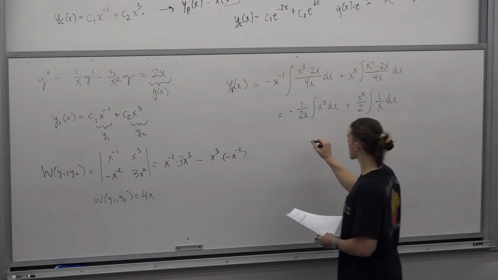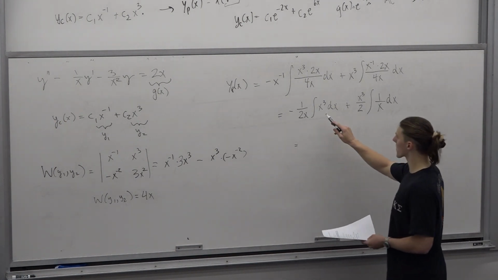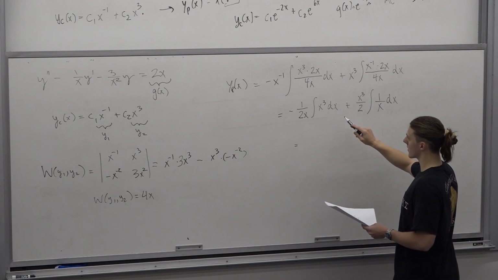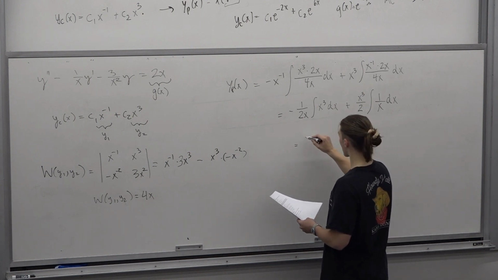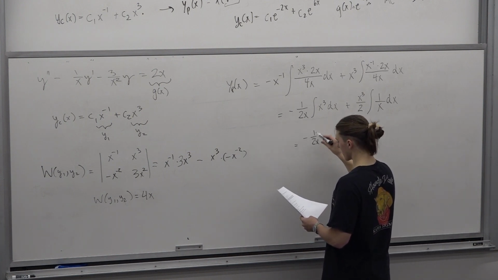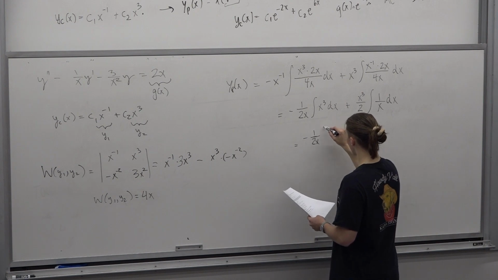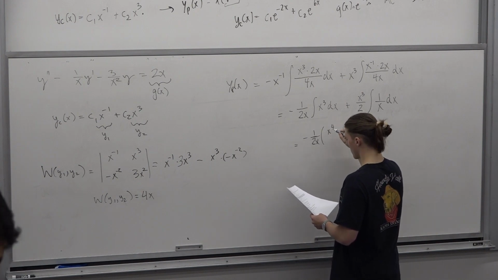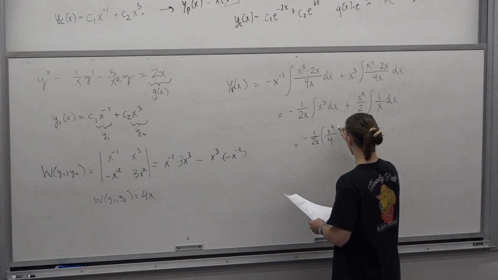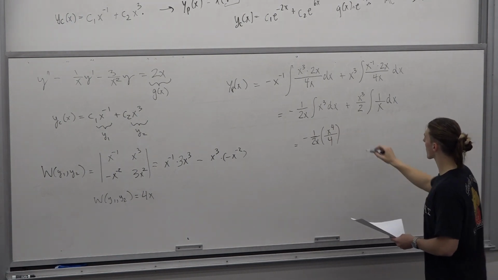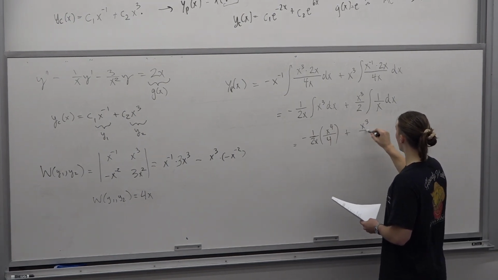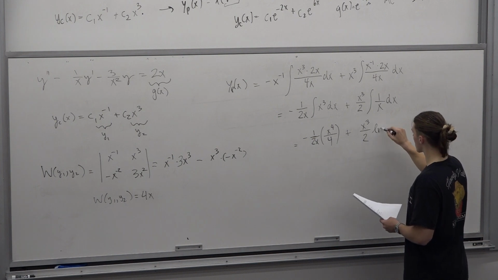So let's wrap this up. The integral of x cubed is going to come out to x to the fourth over 4. The integral of 1/x comes out to ln of x.